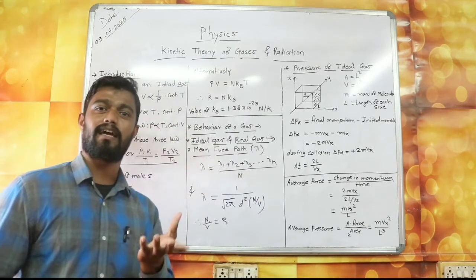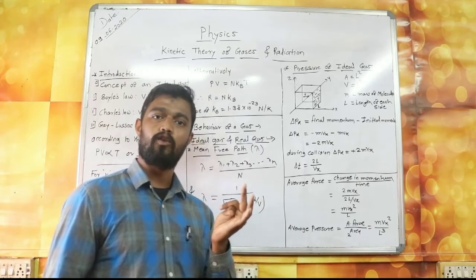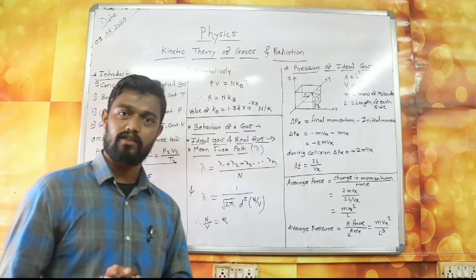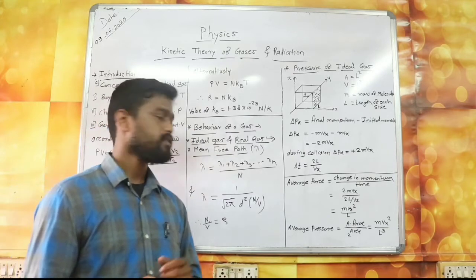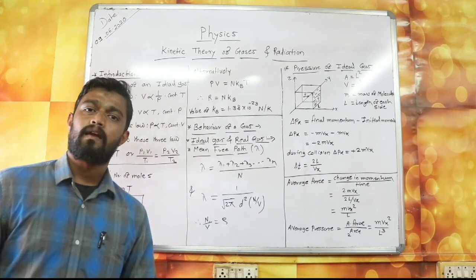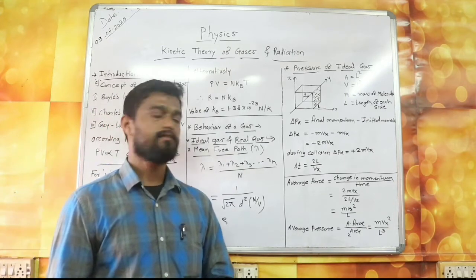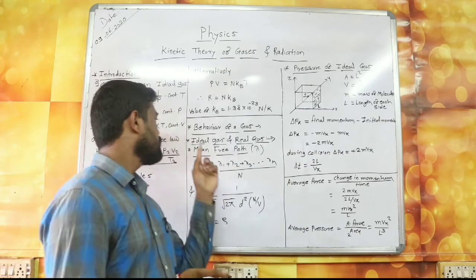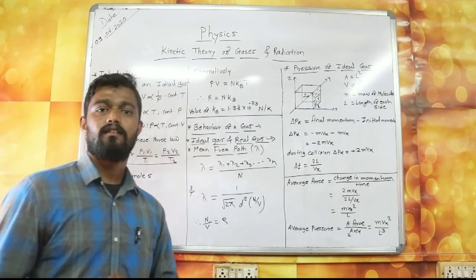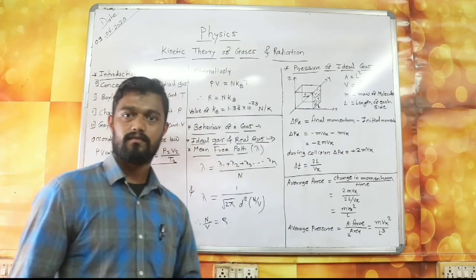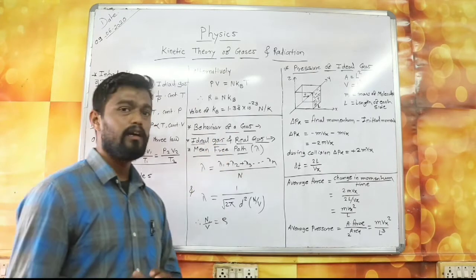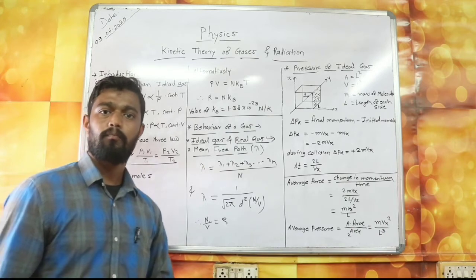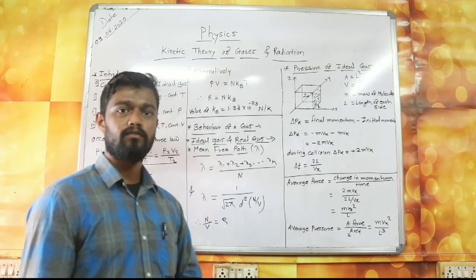Means a real gas has velocity, volume and mass, but an ideal gas has velocity and mass only. Second point, an ideal gas has elastic collisions. A real gas has non-elastic collisions. An ideal gas has high pressure as compared to a real gas, and a real gas has low pressure as compared to an ideal gas.